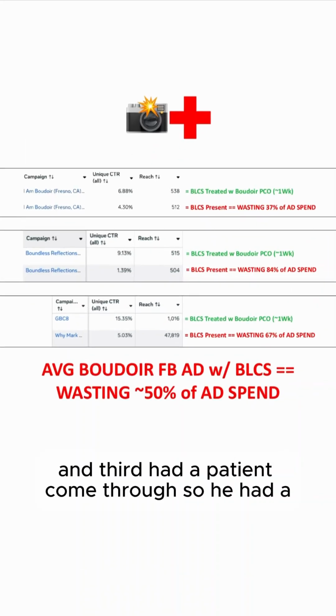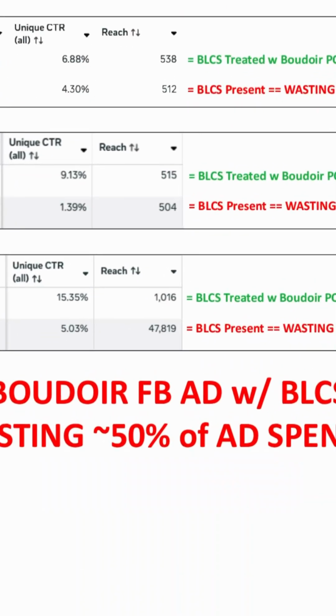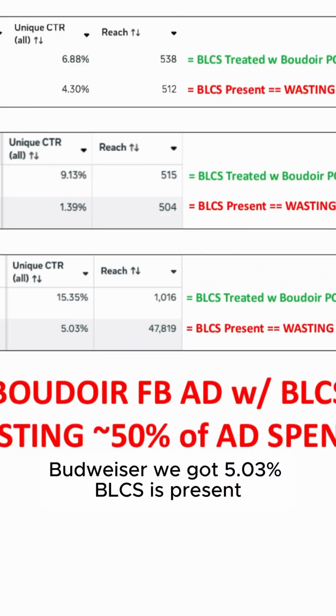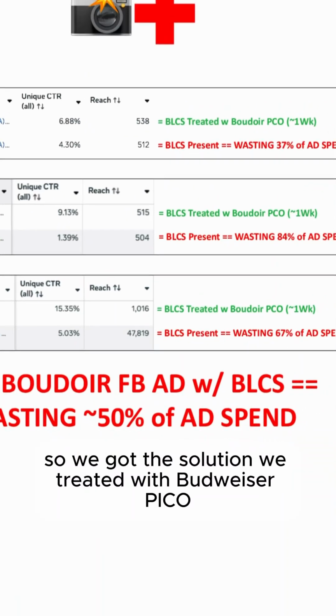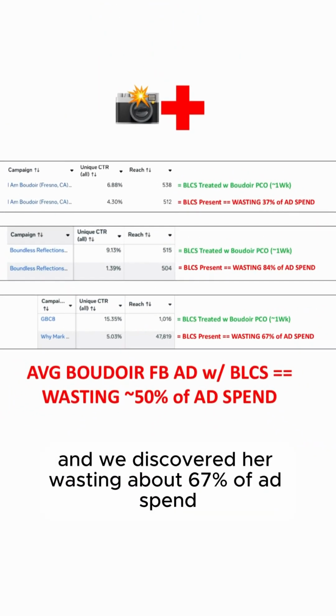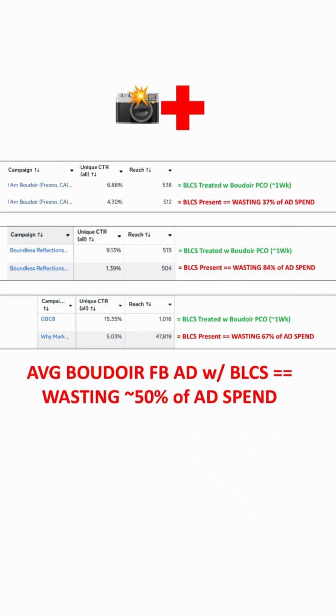And third, had a patient come through, so he had a Boudoir Facebook ad with 5.03%, BLCS is present, unique CTR under 6%, Boudoir low click syndrome. So we got the solution, we treated with Boudoir Pico, takes about a week, and we discovered he was wasting about 67% of ad spend on that original ad. So now they can actually decrease their ad spend.